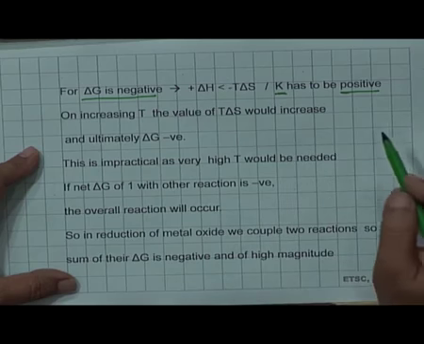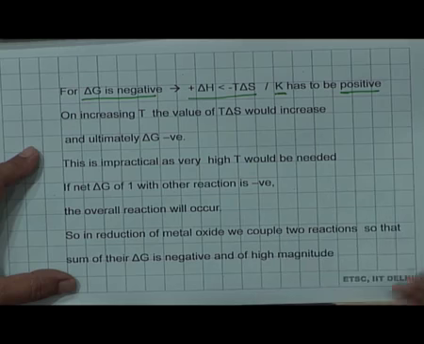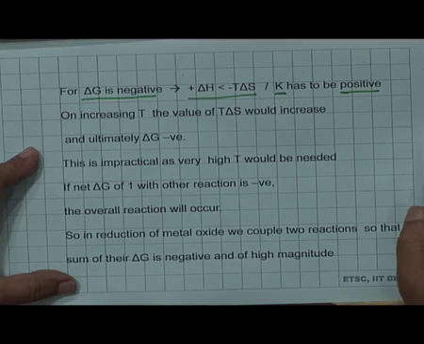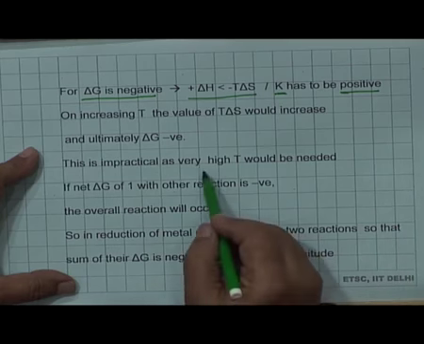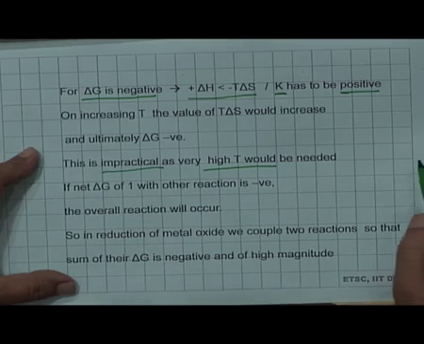So, what we will have to do to meet this condition is increase T so that ultimately delta G becomes negative. So, this is a difficult task. You may have to increase the temperature too much and the situation can become impractical.